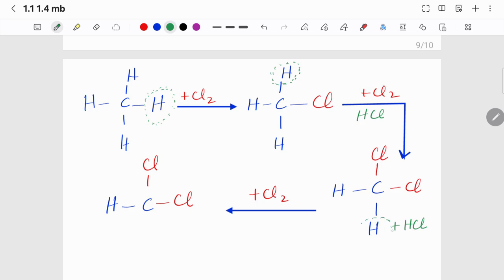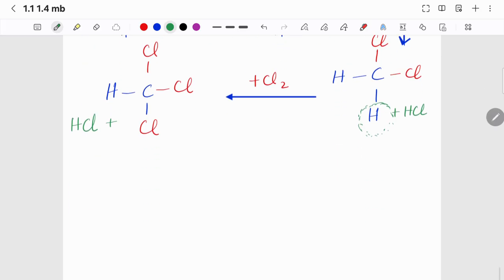Now the third hydrogen, for example this one, will be replaced as well with 1 chlorine, and similarly 1 molecule of HCl will be formed here.